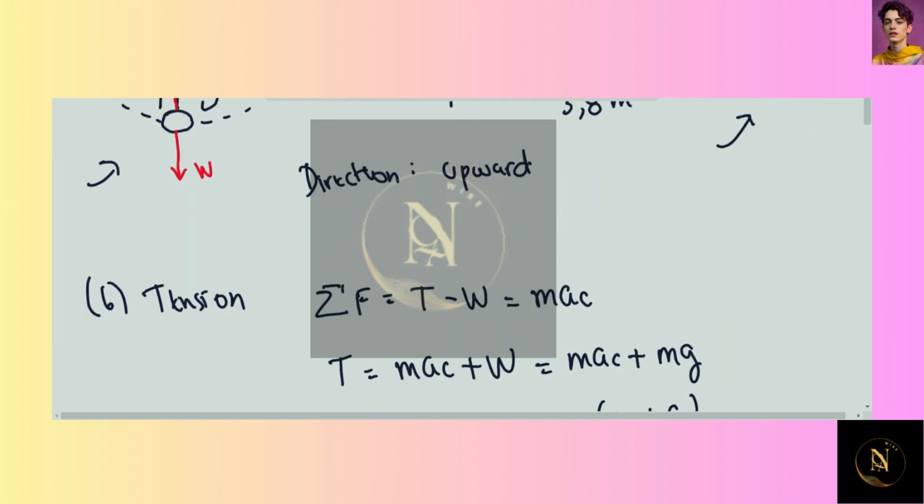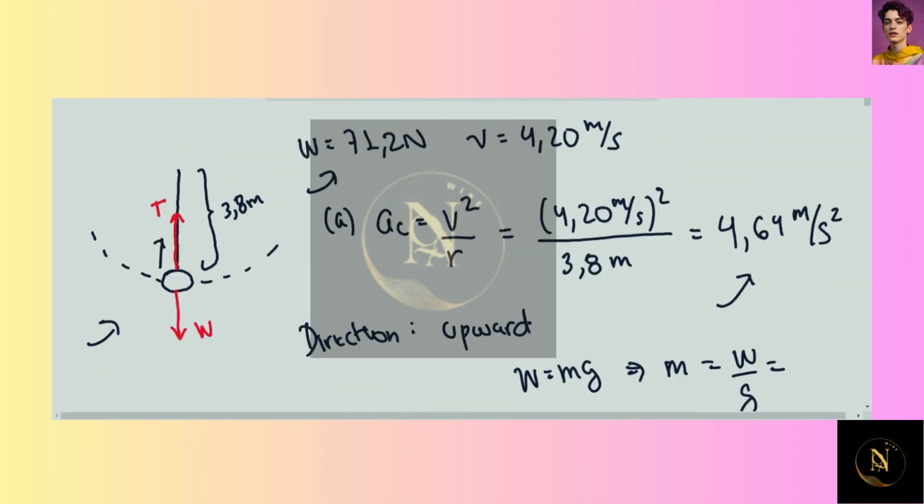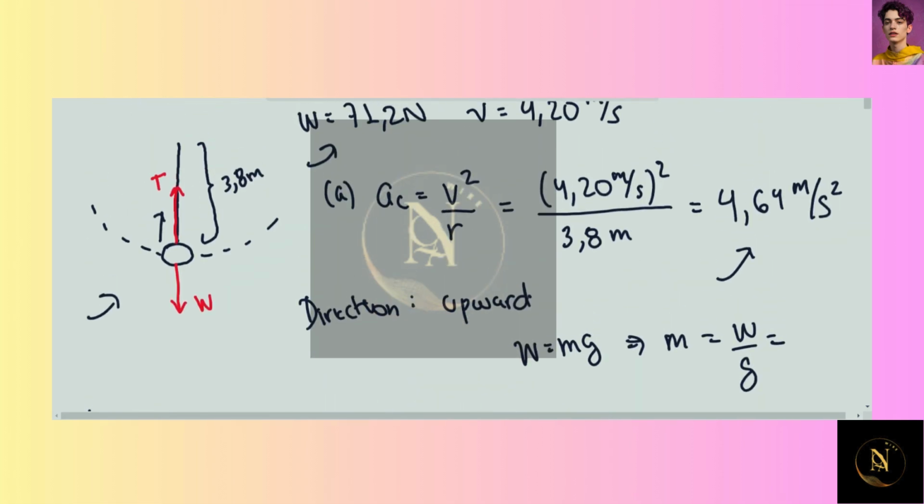So we can obtain the mass since the weight is mass times the acceleration due to gravity. The mass is the weight over that value. So it is very straightforward to obtain that.